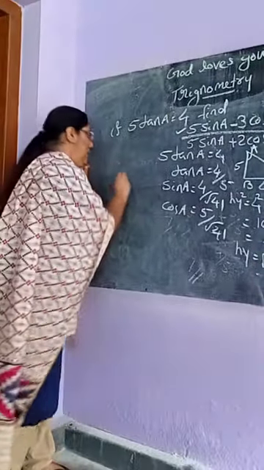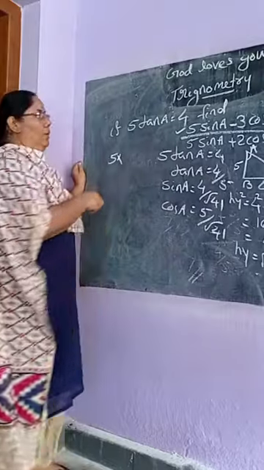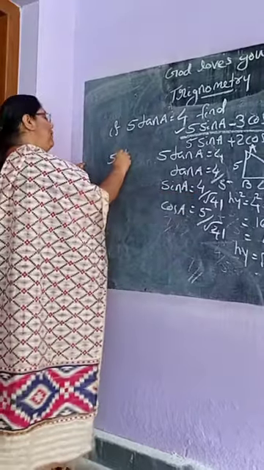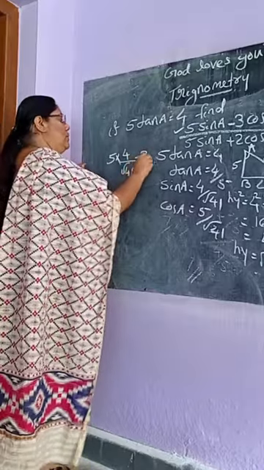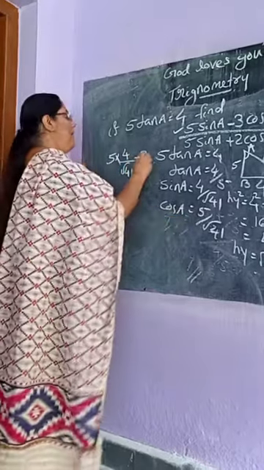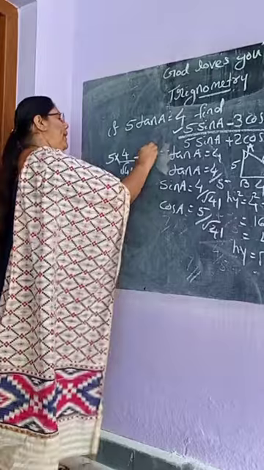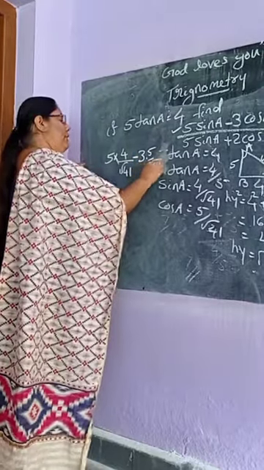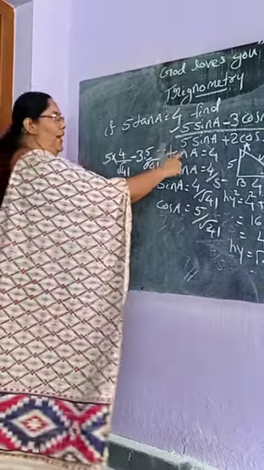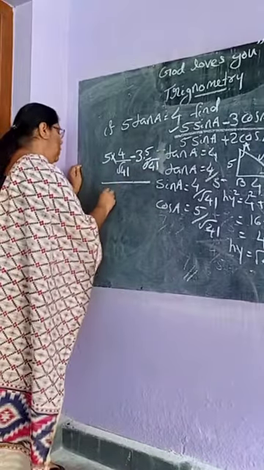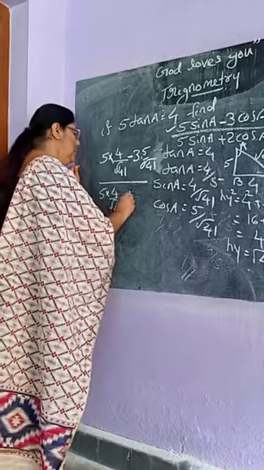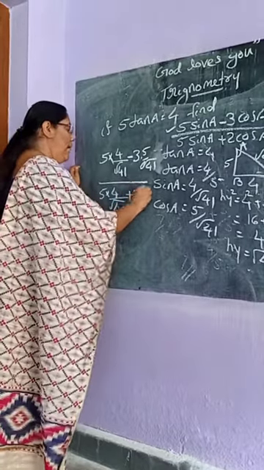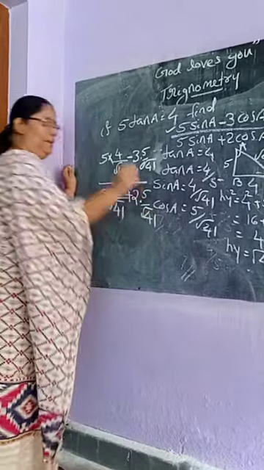Right. 5 into, what is sin A? 4 by root 41, minus 3 into 5 by root 41, the whole divided by 5 into 4 by root 41 plus 2 into 5 by root 41.